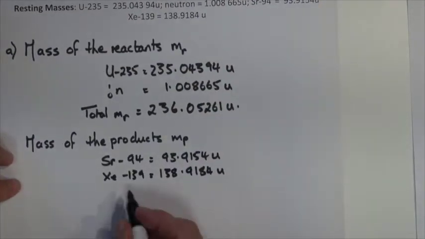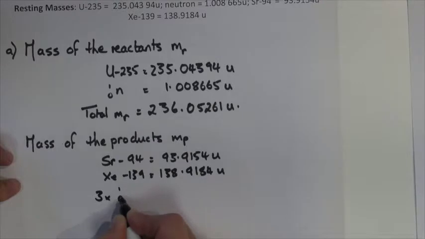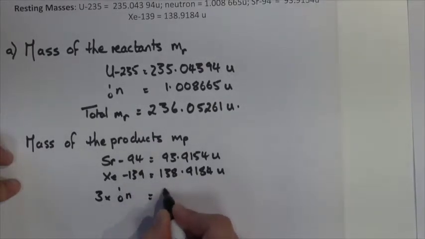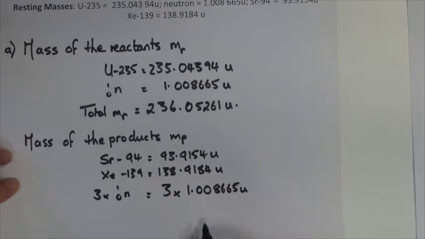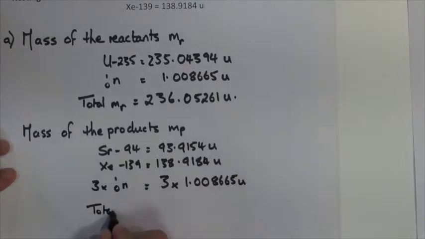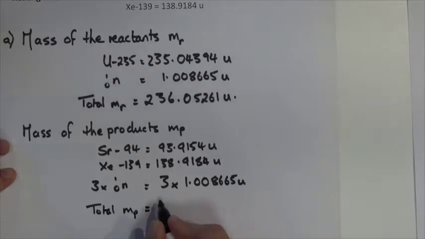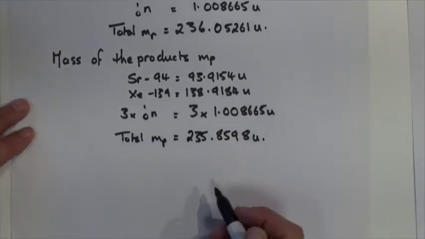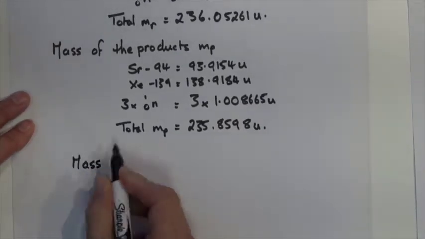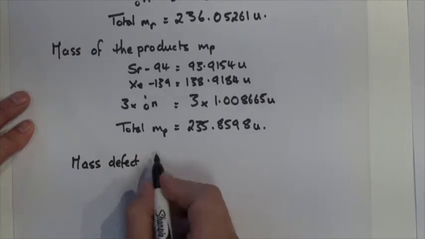I also have 3 neutrons, so I must multiply my mass of neutrons by 3. So it's 3 times 1.008665 u. If I add these all together, what I get is a total of 235.8598 atomic mass units.